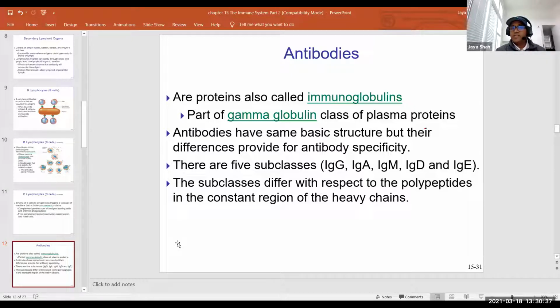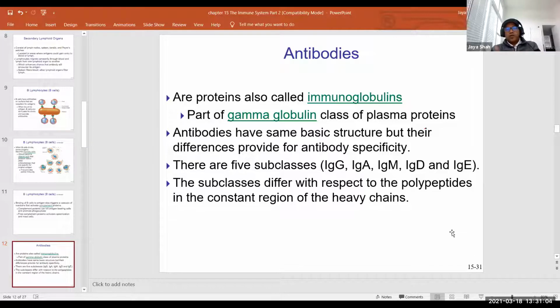There are 5 classes: IgG, IgA, IgM, IgD, and IgE. And these subclasses differ with respect to polypeptide. So these antibodies are peptides. That means they are protein. Protein means chain of amino acids. So based on their polypeptide or chain of amino acids, they have different subclasses.